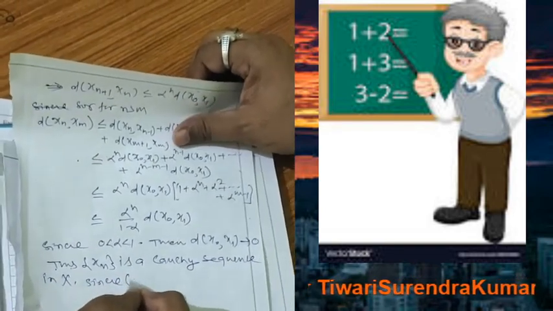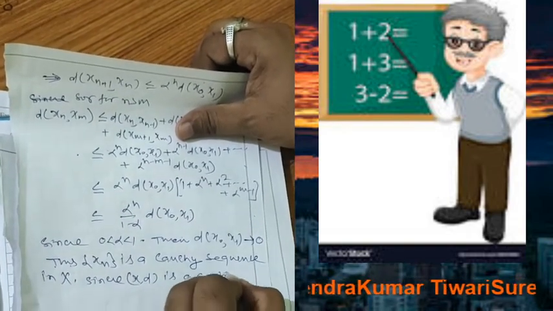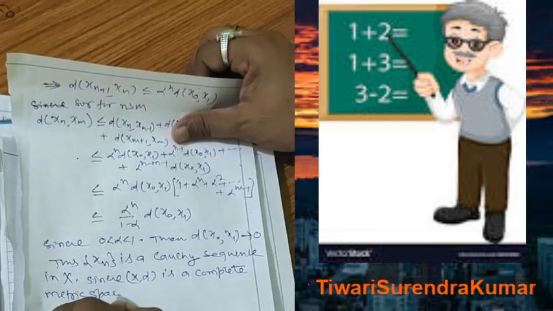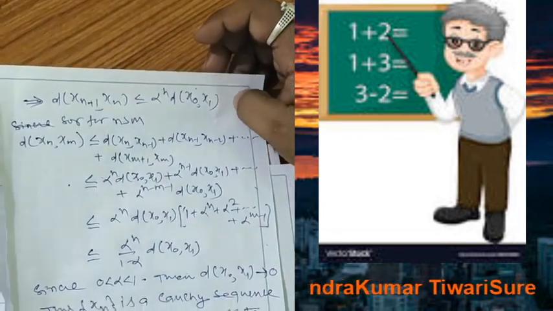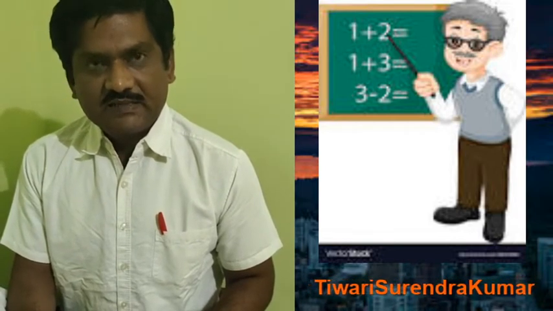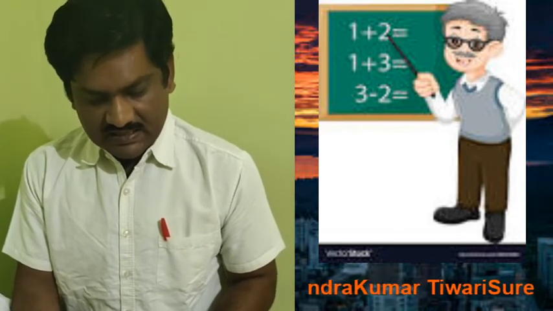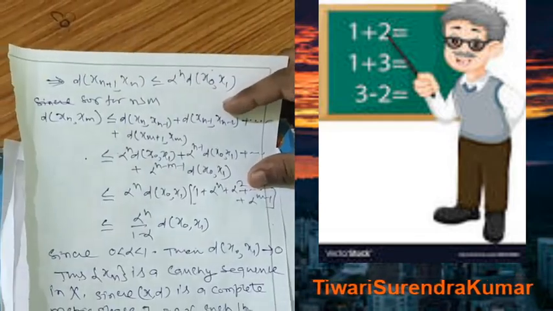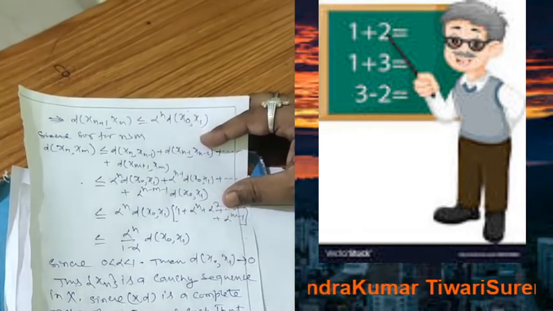Since (X, d) is a complete metric space, and we also know that every Cauchy sequence in X converges in X, so there exists x in X such that xn tends to x as n tends to infinity.